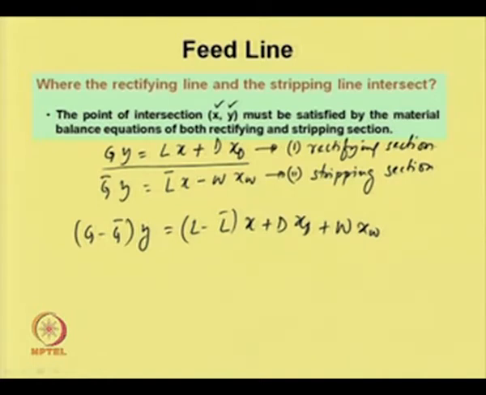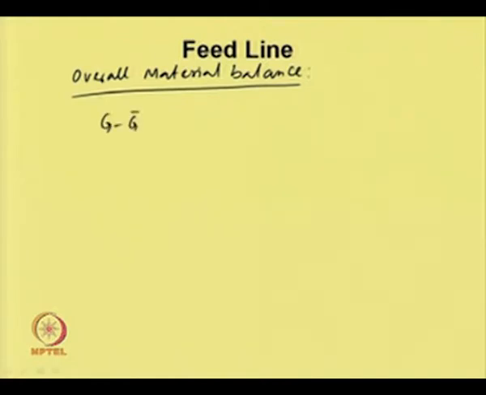Now, if we use the overall material balance, we can write G minus G dash times y is equal to L minus L dash times x plus F zF.